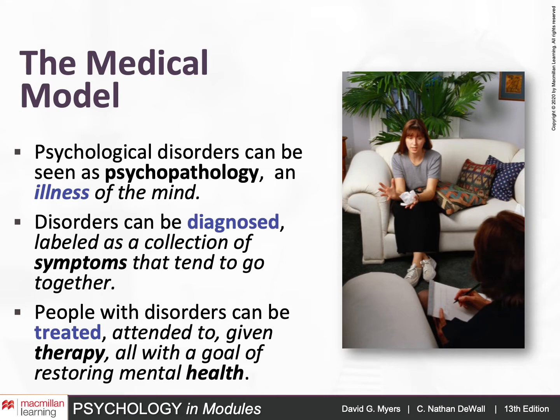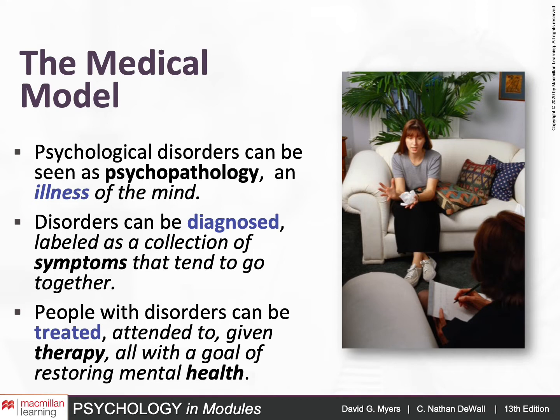So the medical model is the model that psychologists use when it comes to diagnosing and treating psychological disorders, right? So the medical model assumes that psychological disorders are mental illnesses with physical causes that can be diagnosed, treated, and in most cases cured through therapy, sometimes in a hospital, and also oftentimes with medication as well, right?